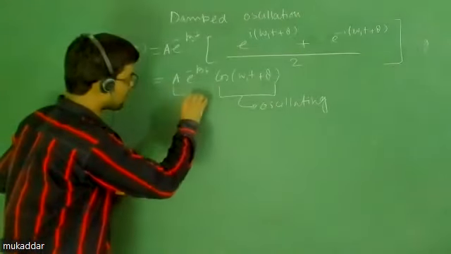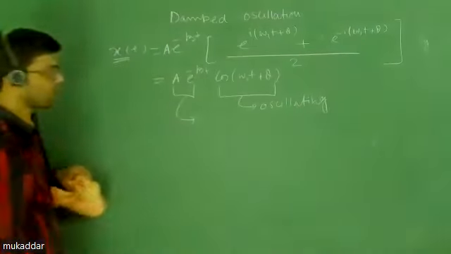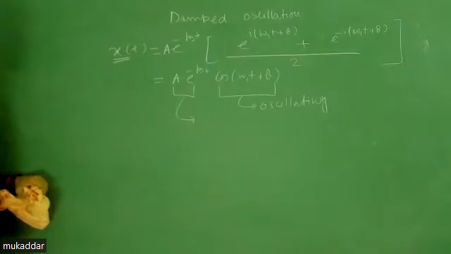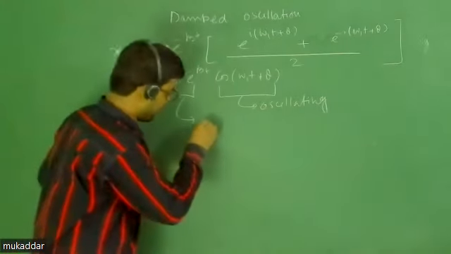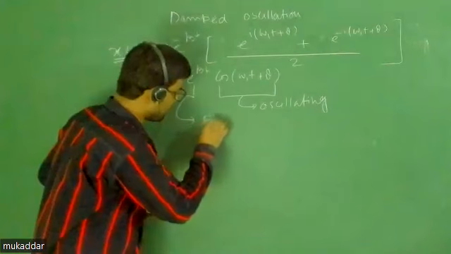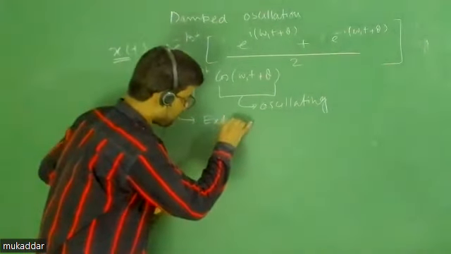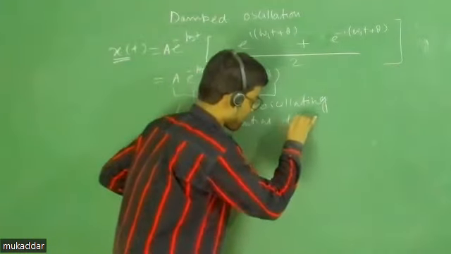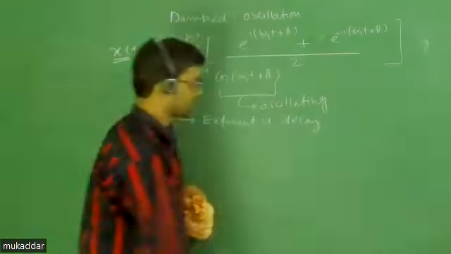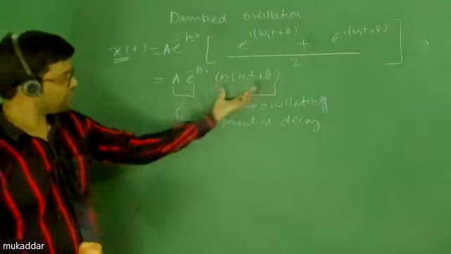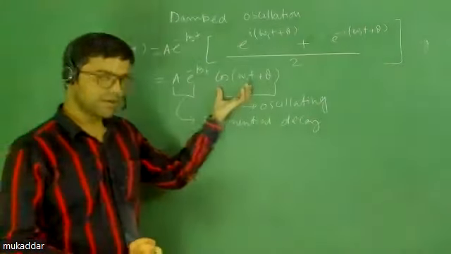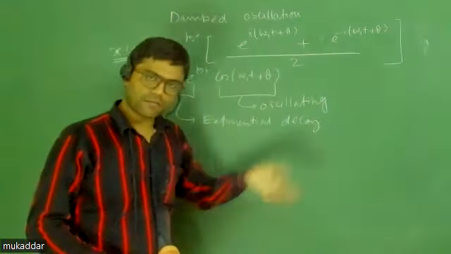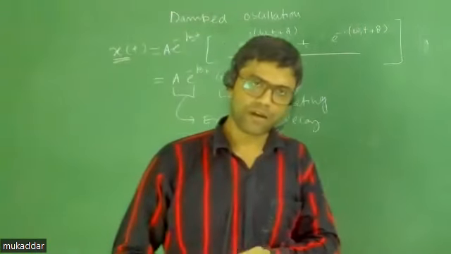And what is this actually? What does this represent? Amplitude. This is actually the amplitude, and this is an exponential decay, right? So when it contains an oscillating function, it means what? You'll have oscillation in the system with time.